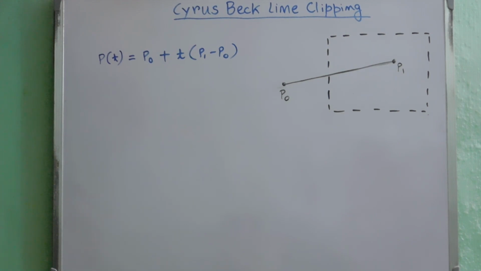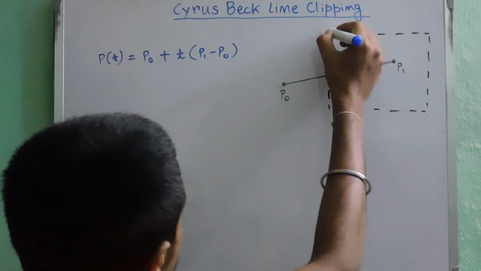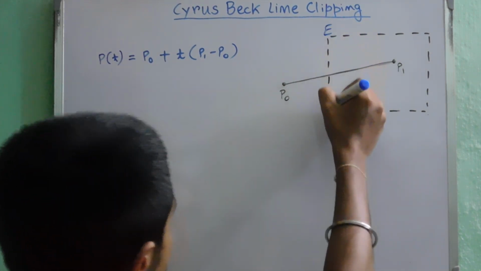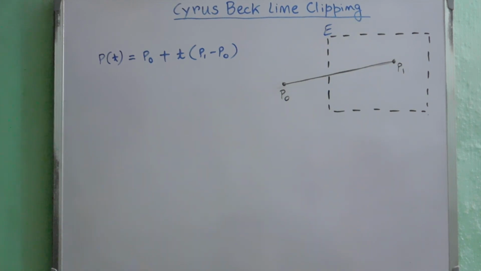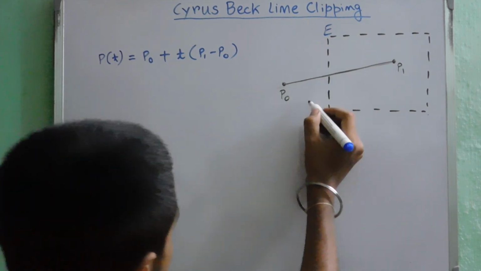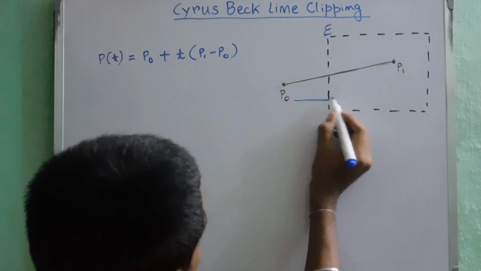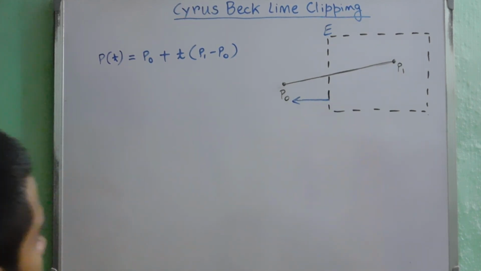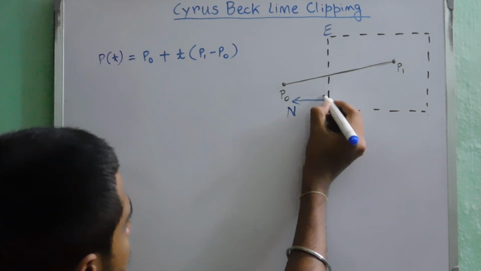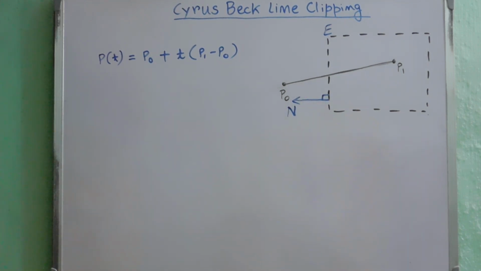Now according to the algorithm, if this is edge E of the rectangular window, then there is a normal drawn to this edge E, named N, and as you know, normal means it is perpendicular to the edge E. So a normal is drawn to the edge E and 4 points are selected at random.